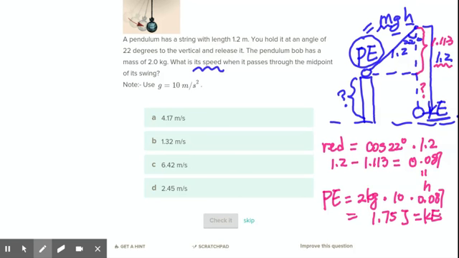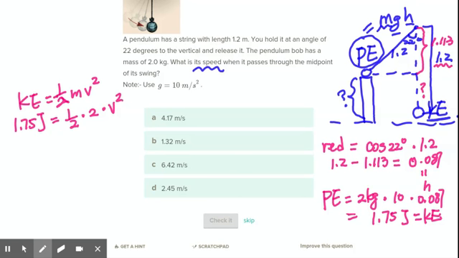All right. So we know kinetic energy is equal to half mv squared. And then we have the kinetic energy, 1.75, which is equal to 1/2 times 2 times v squared.